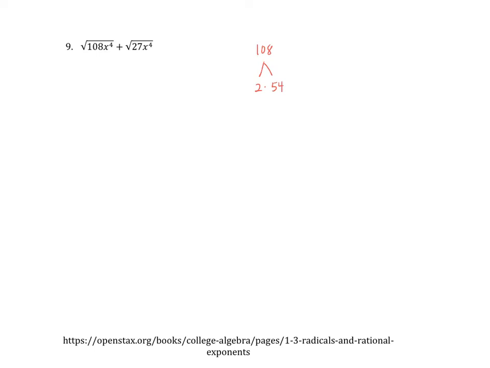Okay, and then I can divide that by 2 again, and I would get 27. All right, and then 27 is 9 times 3, and 9 is 3 times 3. So it's a square root, so I'm looking for pairs. So I have a pair of 2's and a pair of 3's, and then this leftover 3.